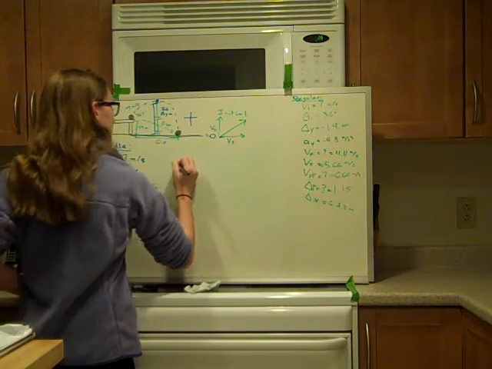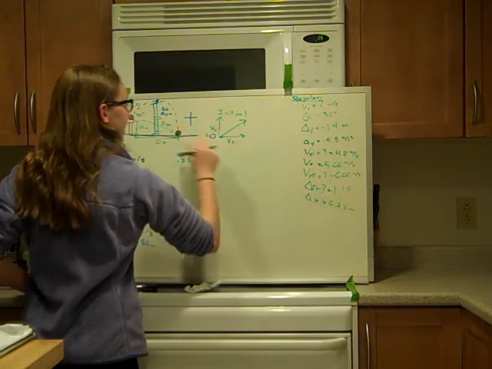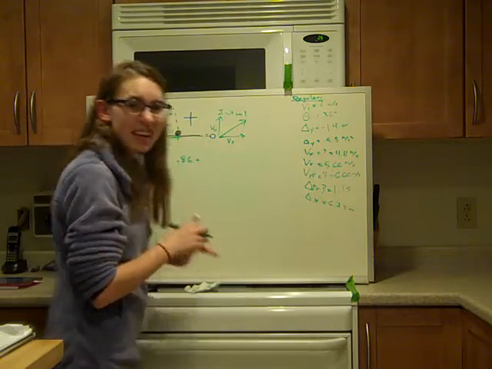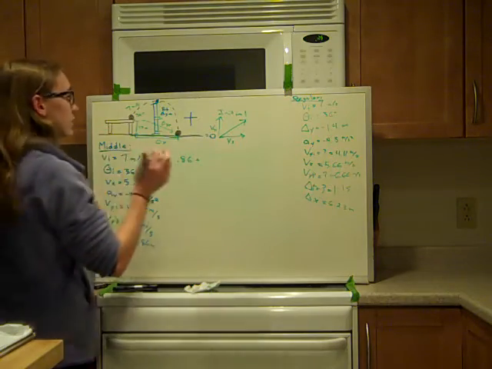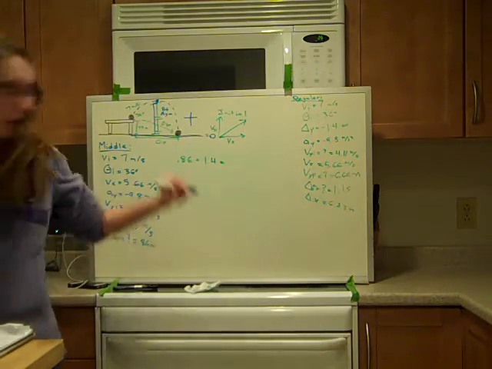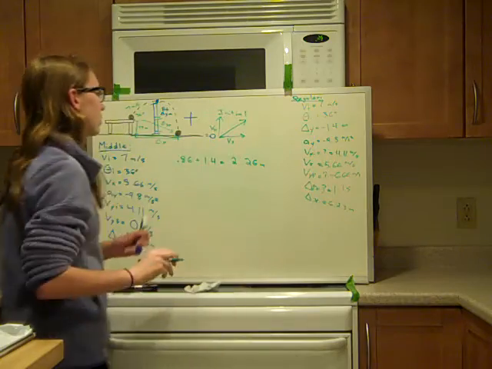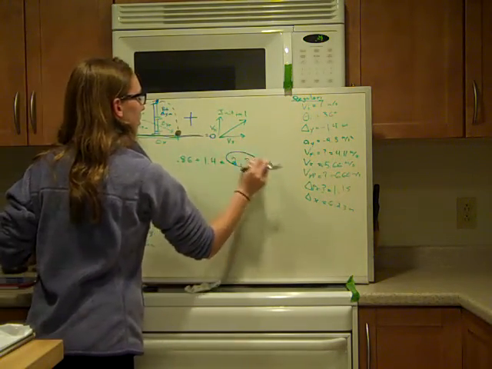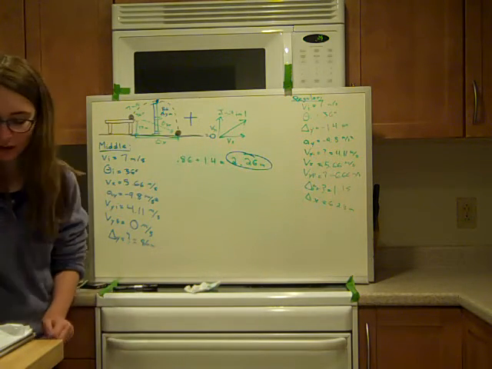So we're going to do 0.86 plus, and this is no longer going to be negative because now it's in the positive realm. Before it was in the negative realm, so it was negative, but now the entire thing is positive. So we're going to make it 1.4. What are those two added together? 2.26 meters is equivalent to this big blue distance. So I'm going to circle that in blue. There we go. Hopefully that makes sense.